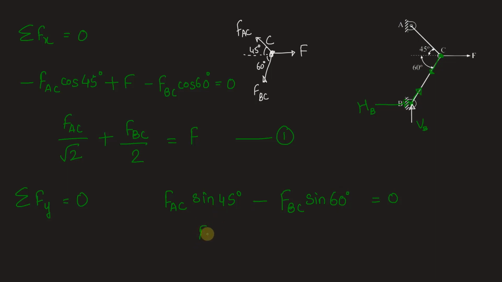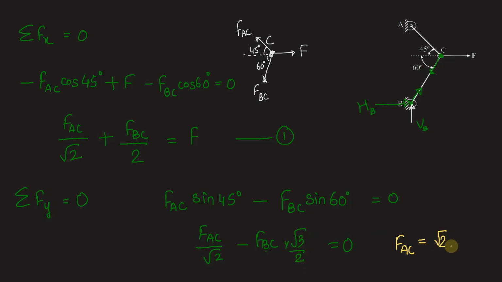Substituting values here, we have FAC by root 2 minus FBC into root 3 by 2, because sine 60 is root 3 by 2, is equal to 0. Let's find out FAC in terms of FBC and then substitute it in this equation to get FBC. So we have here FAC simply will be FBC into root 3 by 2 into root 2.